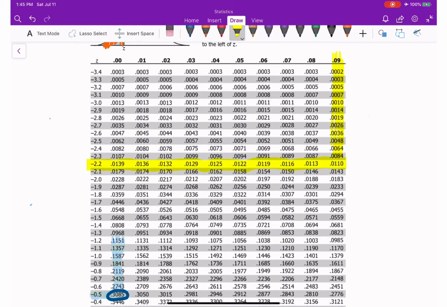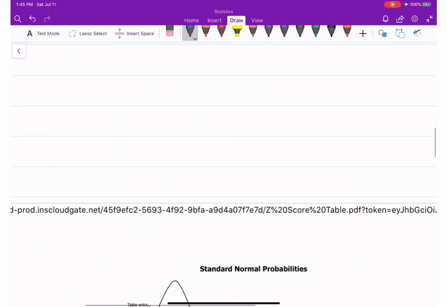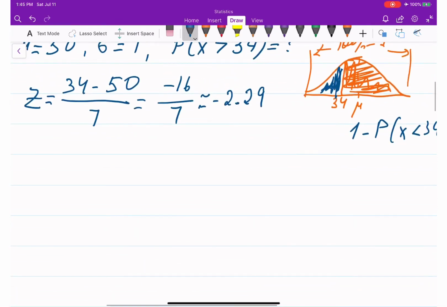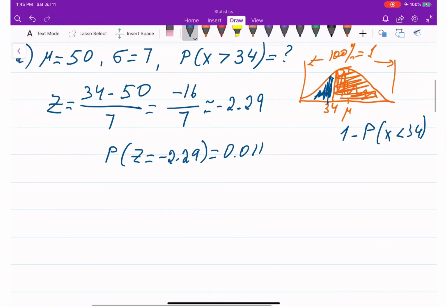And there we go, 0.011. So the probability for z-score equal to negative 2.29, or I can put less than or equal, is 0.011. Which is the same thing as the probability of x less than 34.